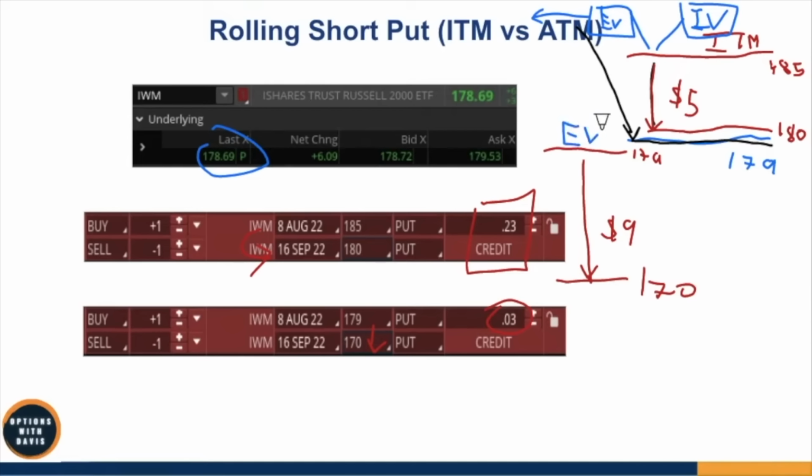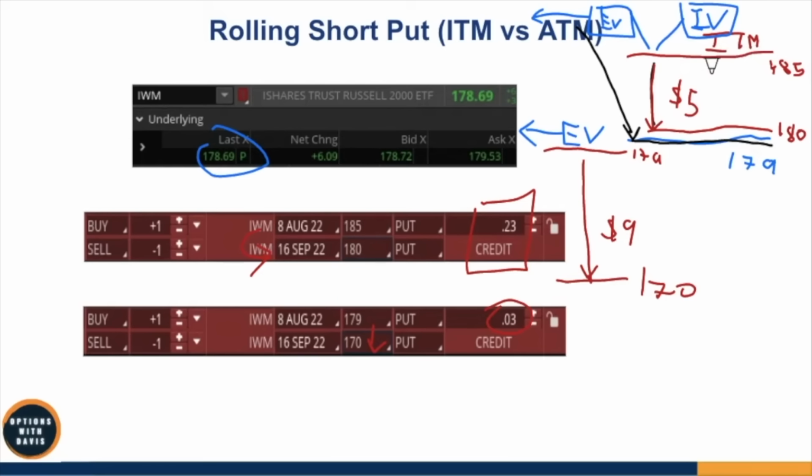So there is a lot of extrinsic value for you to transfer to the following expiration date. So that is why when the price is right at the money, you're able to roll much further down compared to if you had an in the money put option.